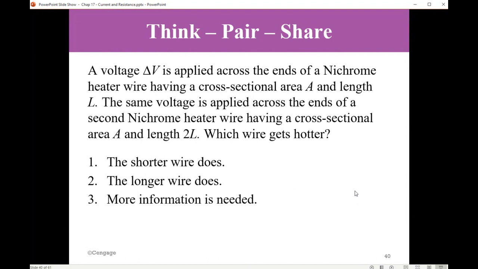So here it gets hotter when the current is greater, and this would be the case when the resistance is less, and the resistance is less means the wire is shorter. So the shorter wire will have smaller resistance and therefore higher current, and higher current will create more heat.